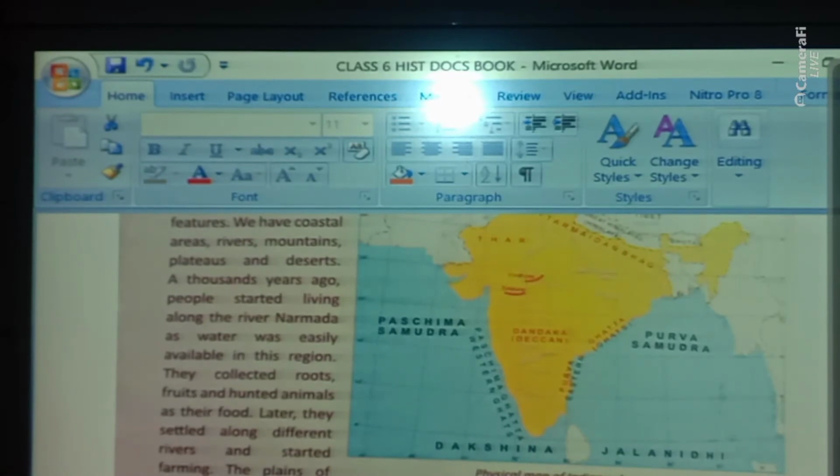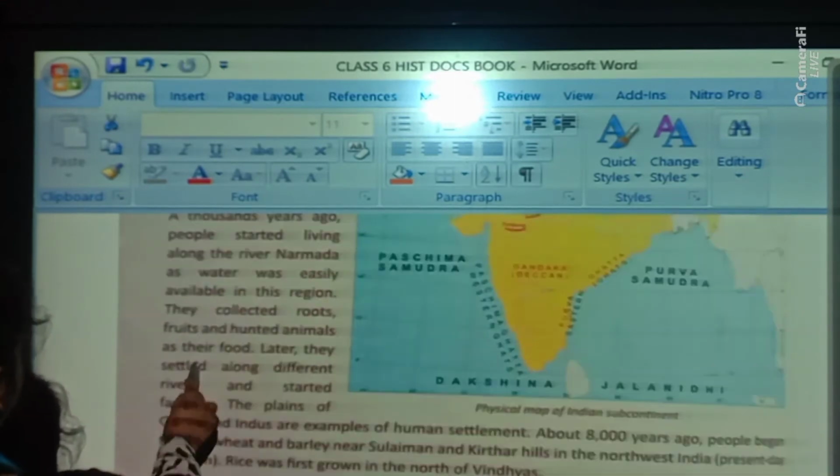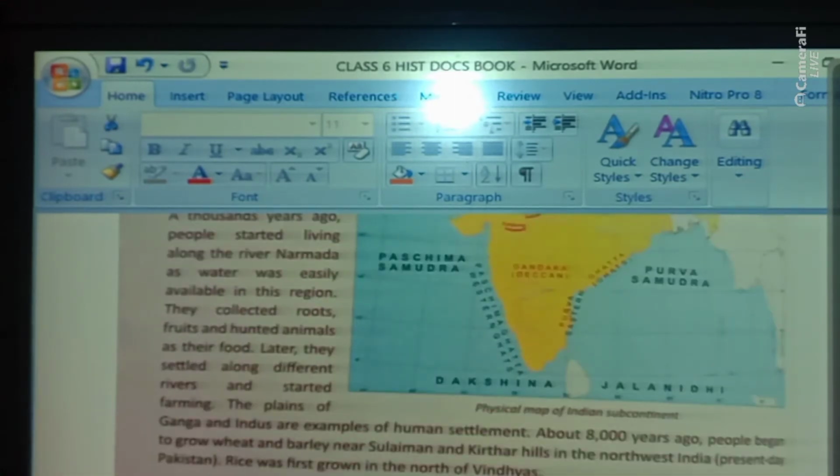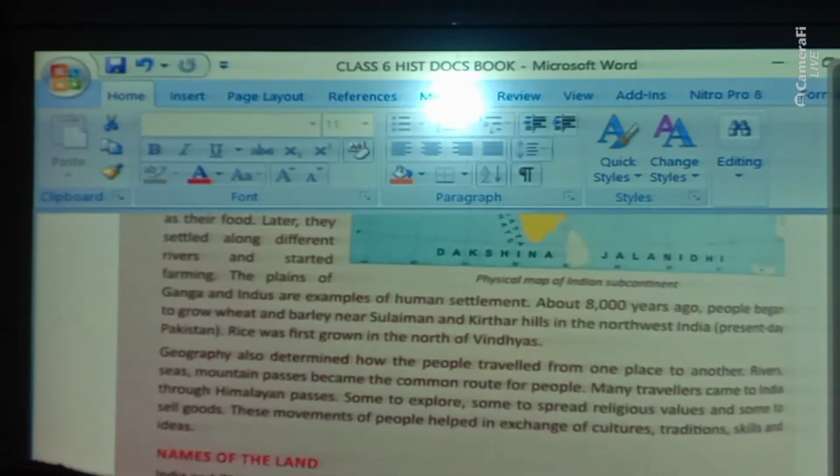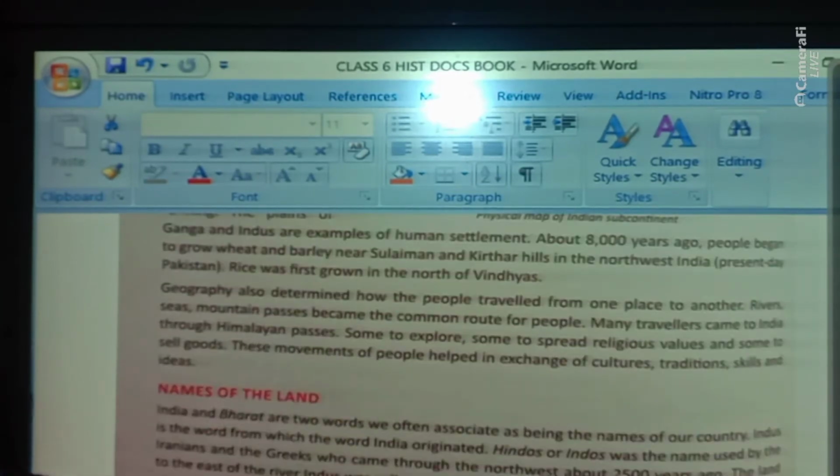Why? Because they did transportation, good agriculture, and collected roots, fruits and hunted animals for their livelihood, right? About 8,000 years ago, people began to grow wheat and barley in the Suleiman and Kirthar hills, and rice was grown in the North Vindhyas.